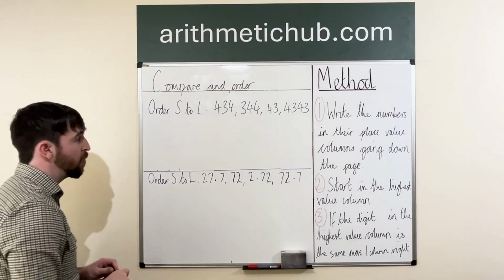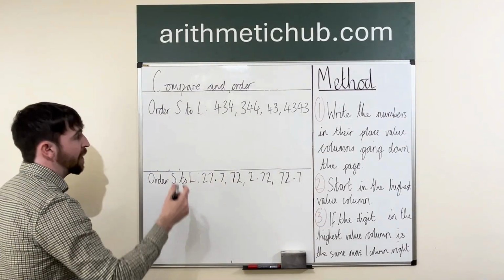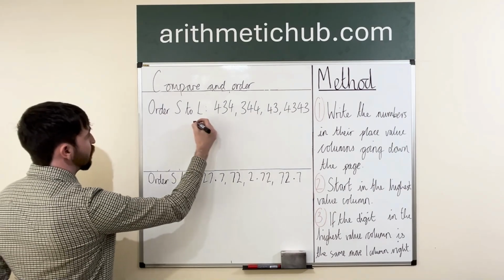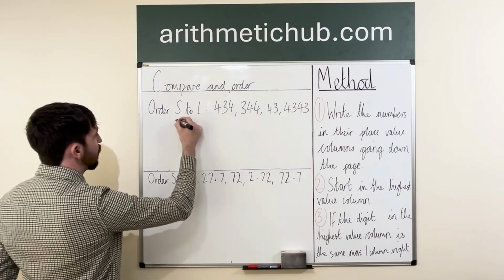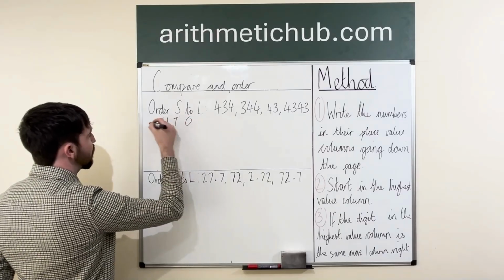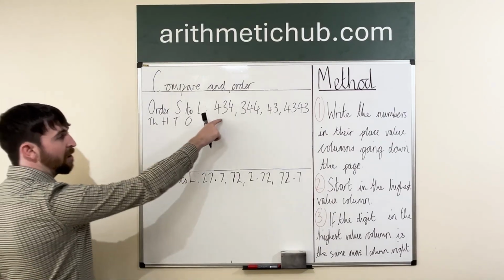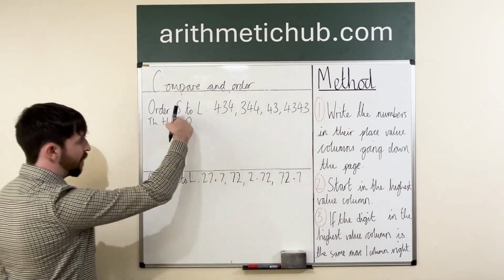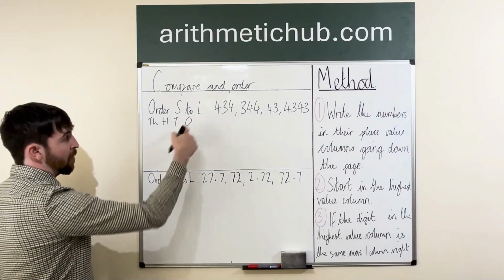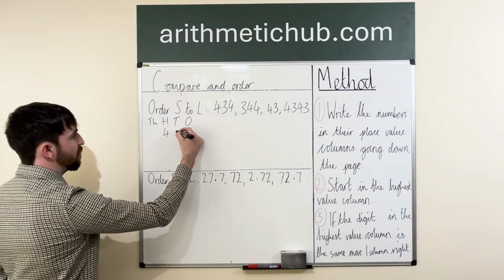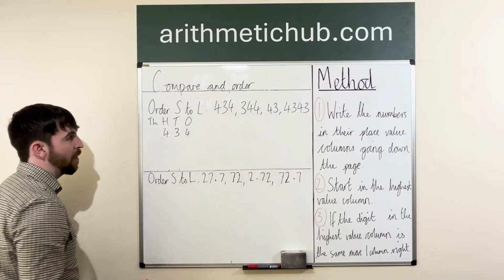So to start with, I'm going to put in my place value columns. I've got my ones, tens, hundreds and thousands there like that. Okay, and I'm going to put these in the place value going down the page. So here we have 4 in the hundreds, 3 in the tens and 4 in the ones.